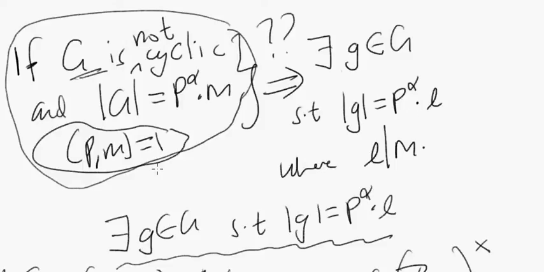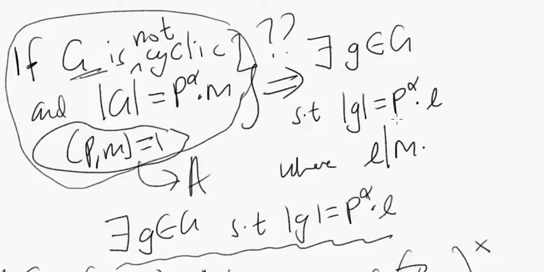Well, let's call all this set of claims A. That G is not cyclic, the order of G equals p to the alpha times m, and the GCD of p and m equals 1. Let's call that big A. If you can show that big A implies that there is some little g in G whose order is p to the alpha times L, that appears to be enough to prove the entire theorem, because we've already proved that if G is cyclic, we're guaranteed a subgroup of order p to the alpha.